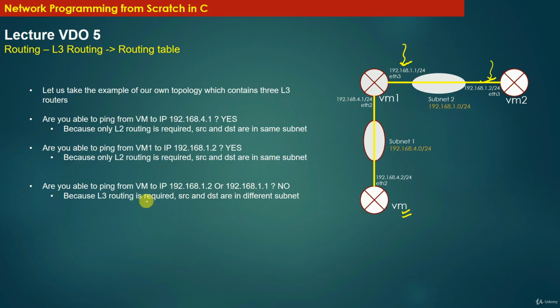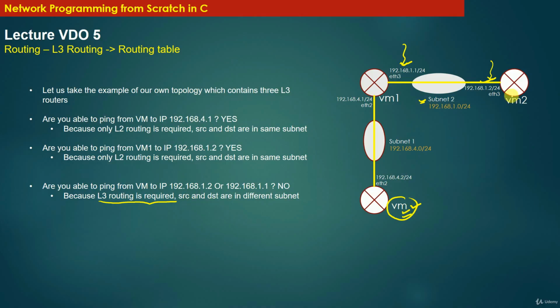Because layer 3 routing is required in this case, because the IP address that you are trying to ping from router VM falls in subnet 2, and subnet 2 is a remote subnet with respect to the router VM. So in order to ping any IP address which falls in the remote subnet with respect to the source router, you always need layer 3 routing information.